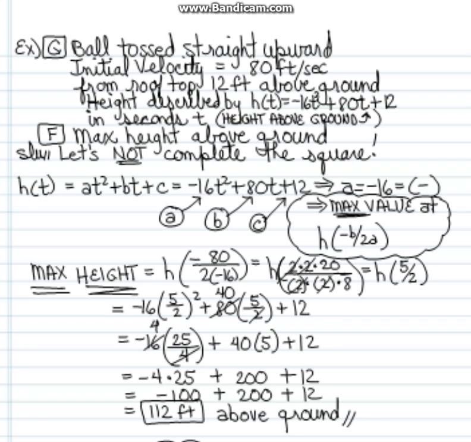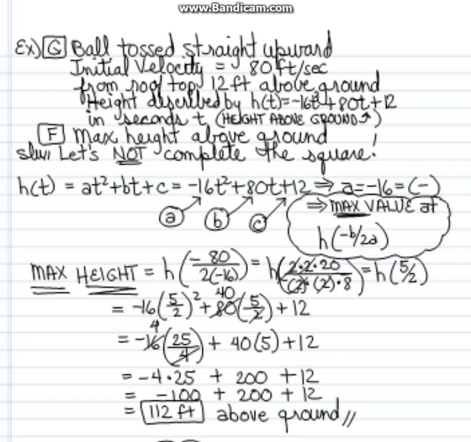To find the maximum height, we evaluate the h function at negative b over 2a, because that is the y coordinate for the vertex. So we figured out what negative b over 2a was, and we ran that number through the h of t function and came up with a number for our maximum height, 112 feet.